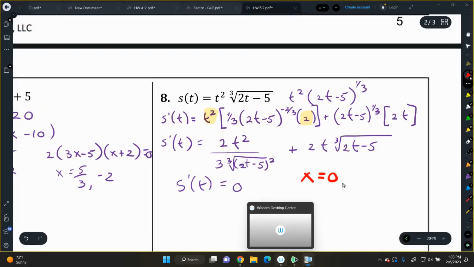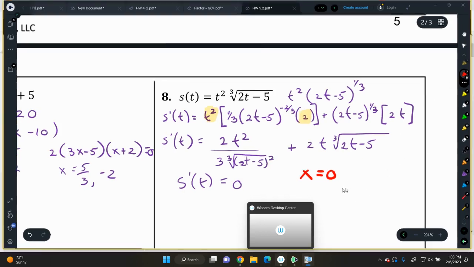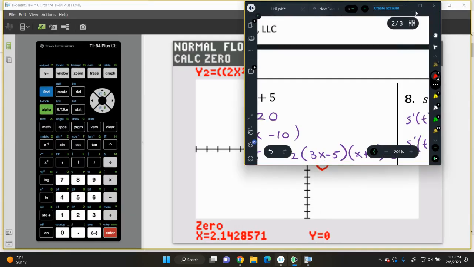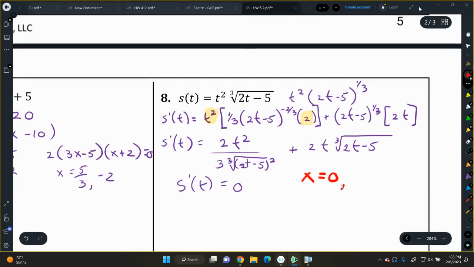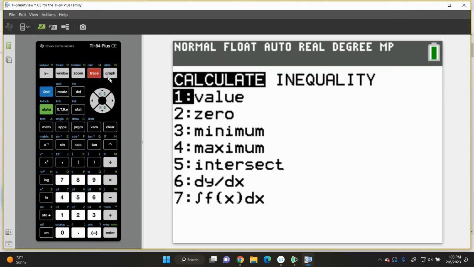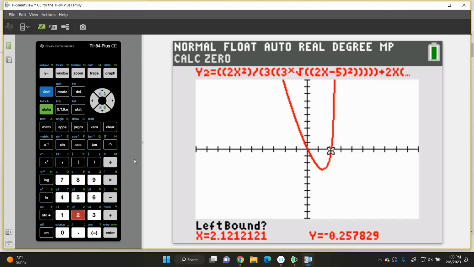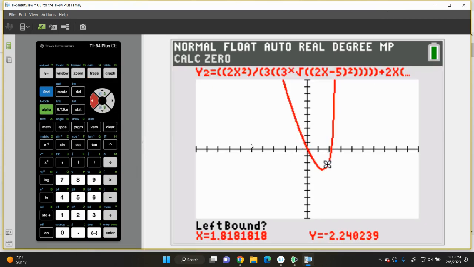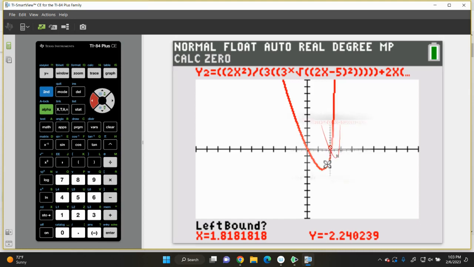All right. You hit enter to get that line, the dotted line going down. Yeah, I'll show you again. Okay. So we do second, calculate 0. It's asking for a left bound, so I need to make sure I'm to the left of this point right here.